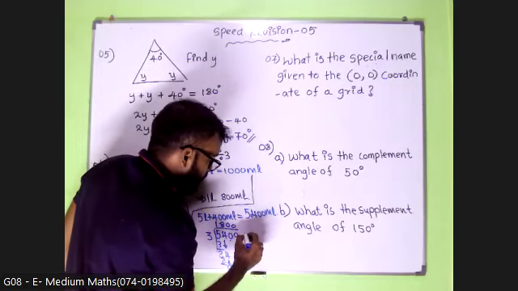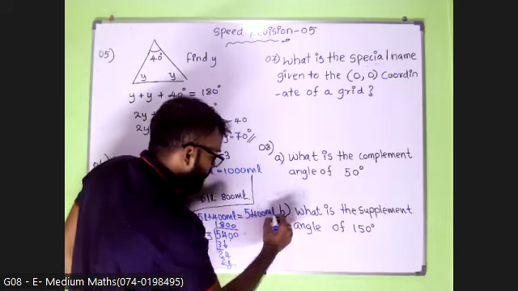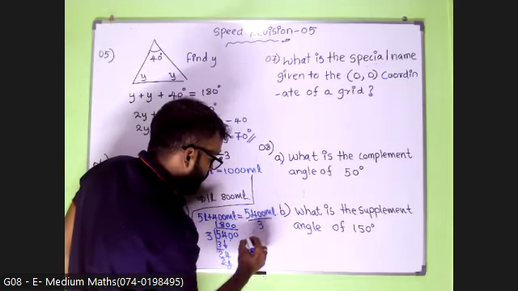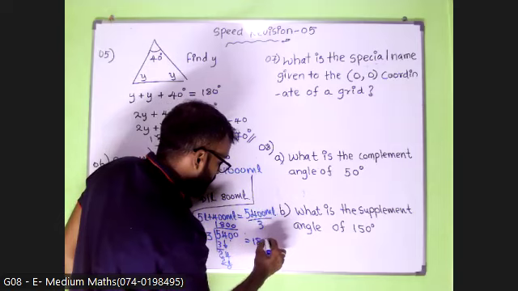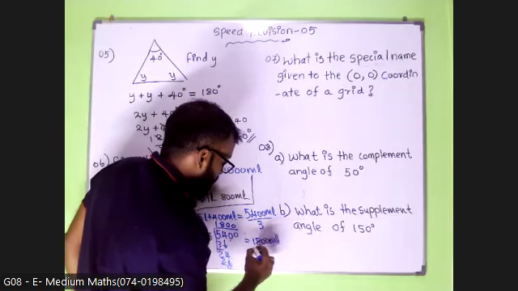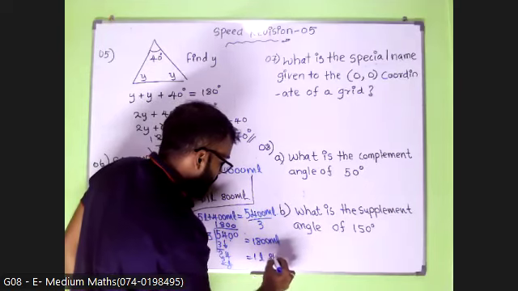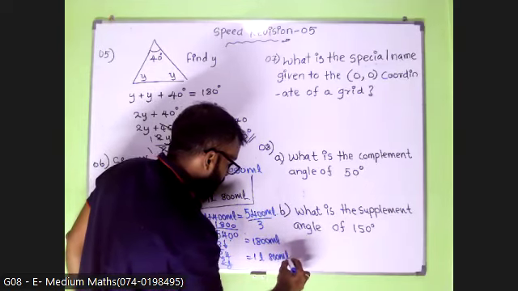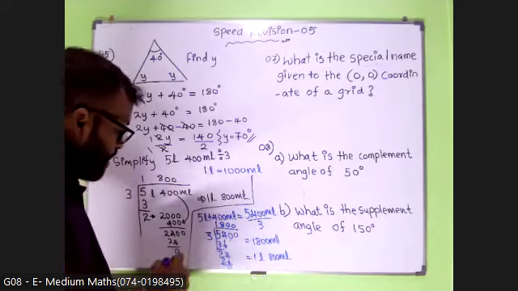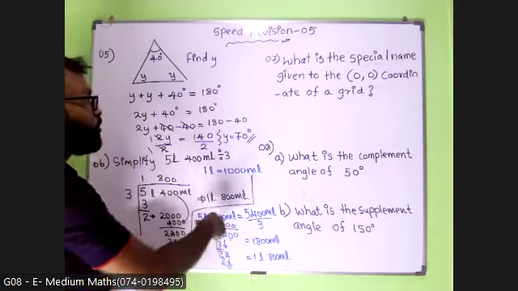So if you divide this by 3, you will have 1800 milliliters. That means you can write 1 liter and 800 milliliters. So these are the two ways.